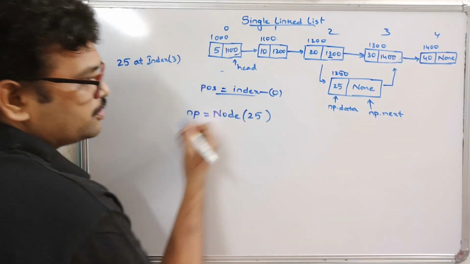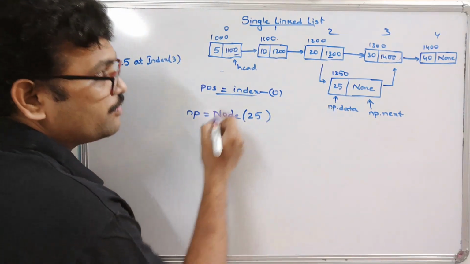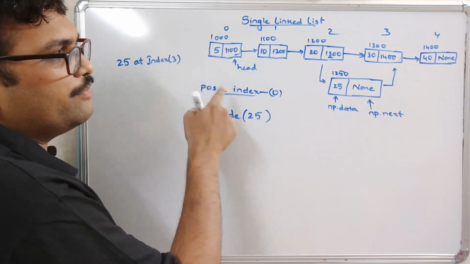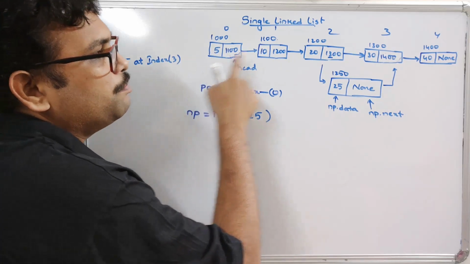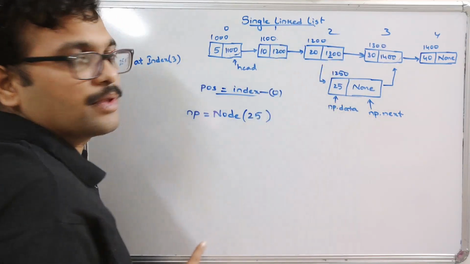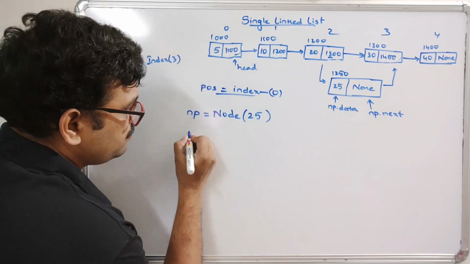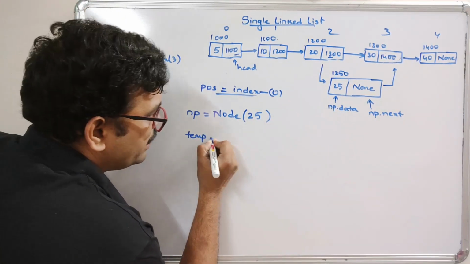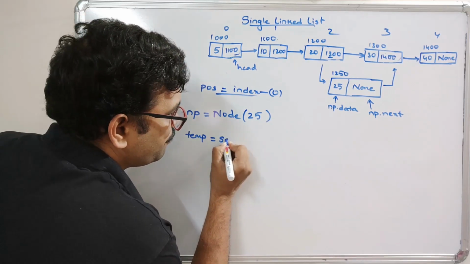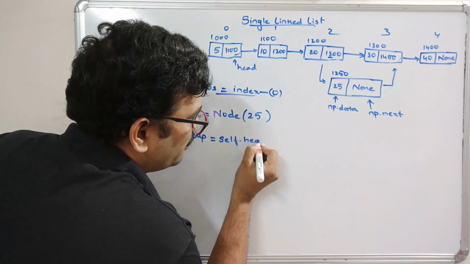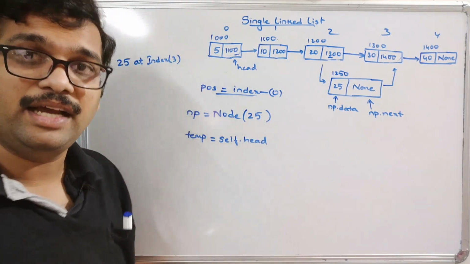Now after this one, we need to travel again from 0 to position -1, because we need to change the next value, right? So temp is equal to self.head. Here also we should not change the head position.